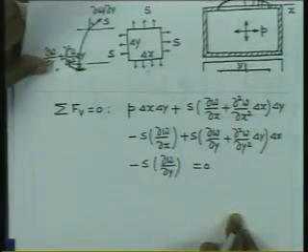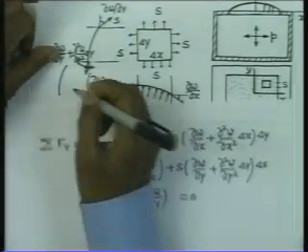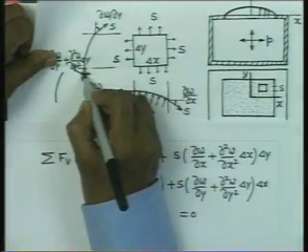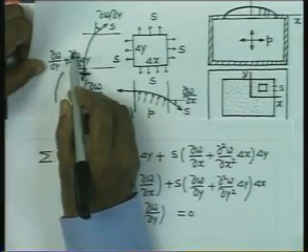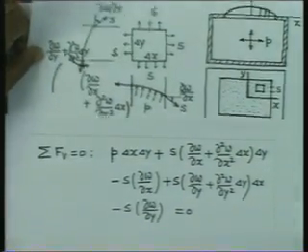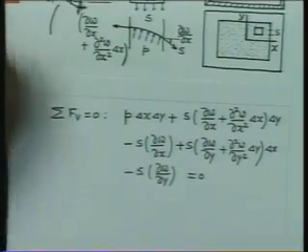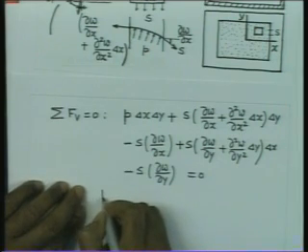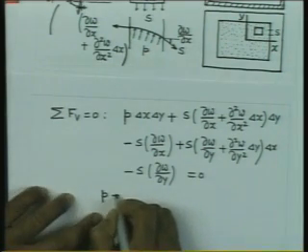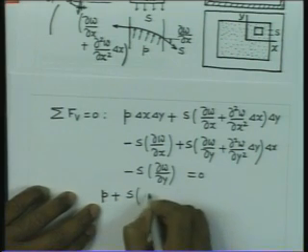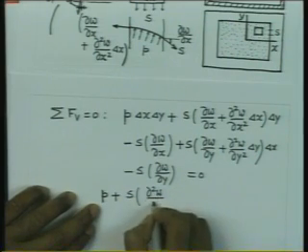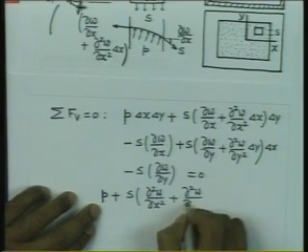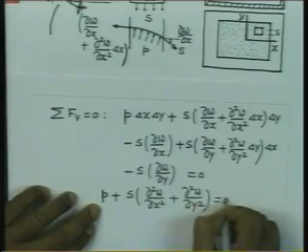Therefore, I want you to note this, that this slope is ∂w/∂y, and this slope here is ∂w/∂y plus ∂²w/∂y² into delta y. So, once you simplify this, it gives us P plus S into (∂²w/∂x² plus ∂²w/∂y²) is equal to 0.